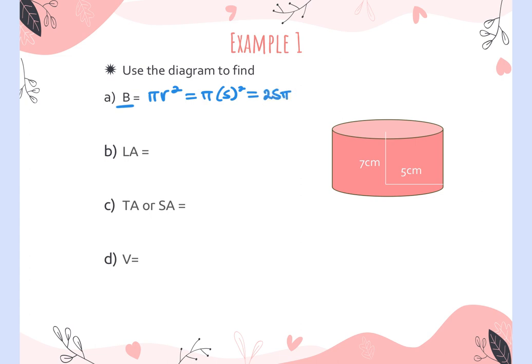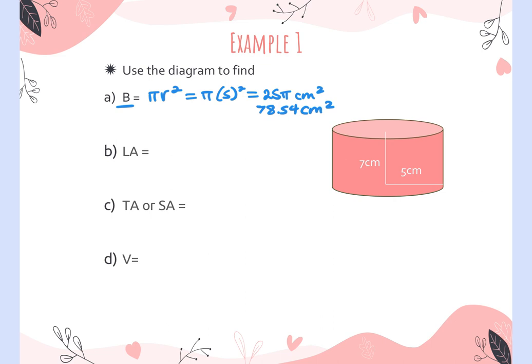So in exact form, because your test is going to kind of go back and forth, 25 pi would be the answer, centimeters squared. And if it said to round, or if it had decimals in its answer, then I would have done 25 times pi in the calculator, which is 78.539. So if it was 2 decimal places, it would be 78.54.